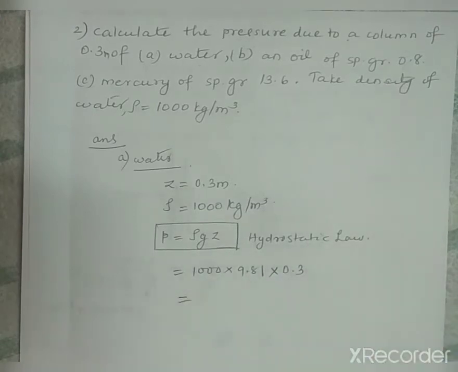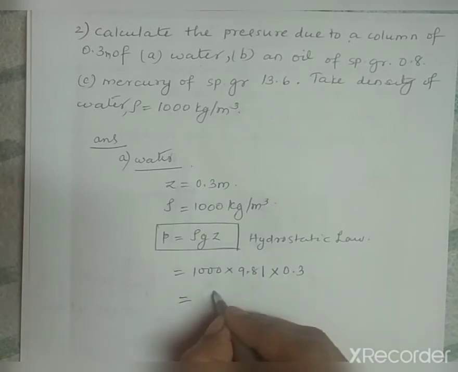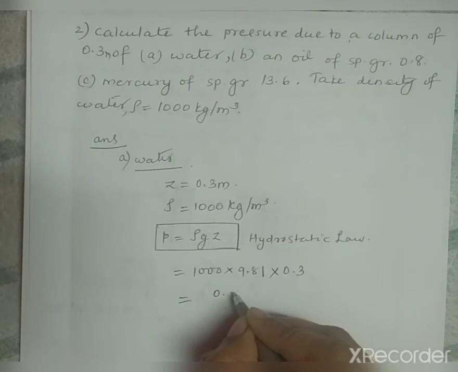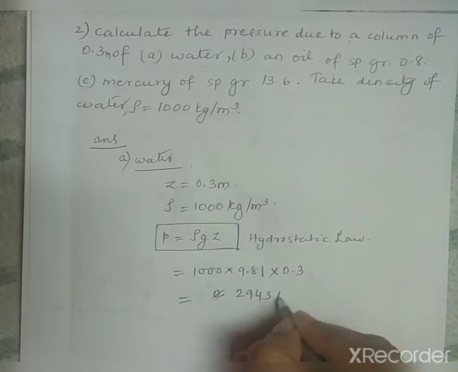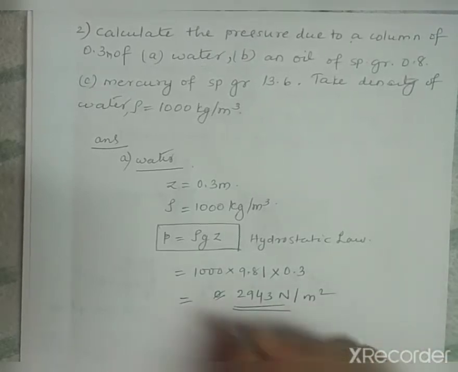You have to use a scientific calculator to find out the answer. The answer you will get here is 2943 Newton per meter square. So this is the answer.